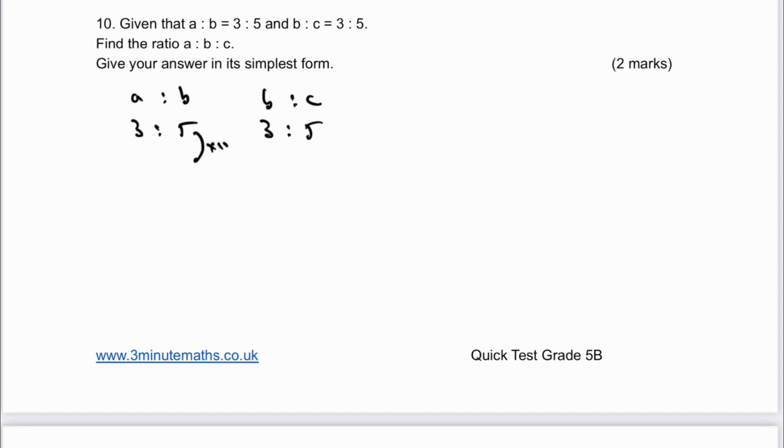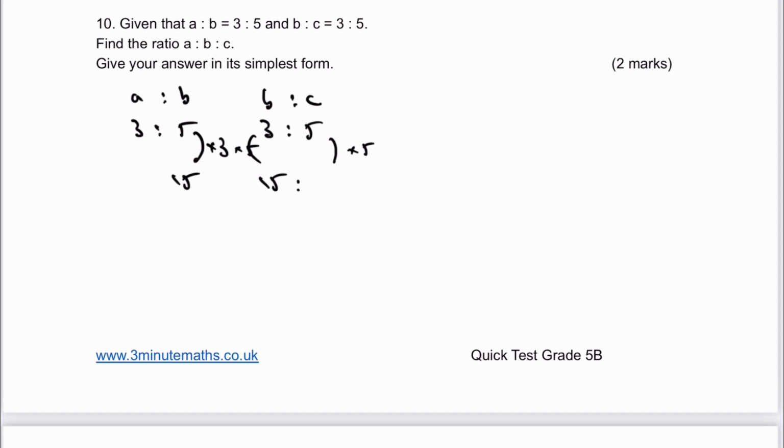If I multiply that by 15, beg your pardon, if I multiply that by 3, and I multiply that side by 5, I'm going to get both the values of B as 15, which is exactly what I'm looking for. However, what I have to do is also multiply the other ratio by the same amount.